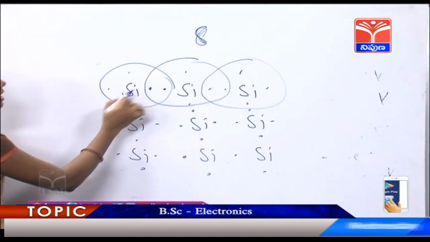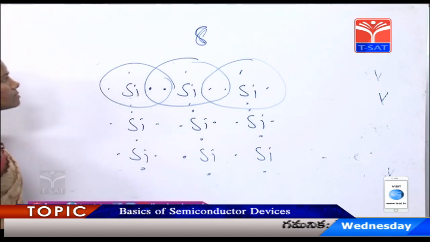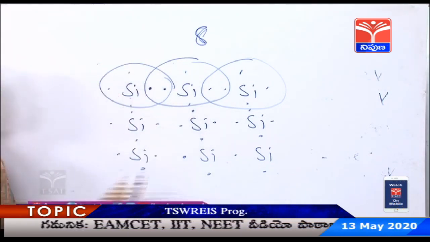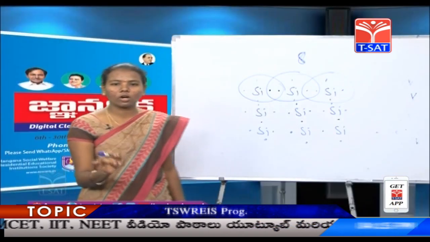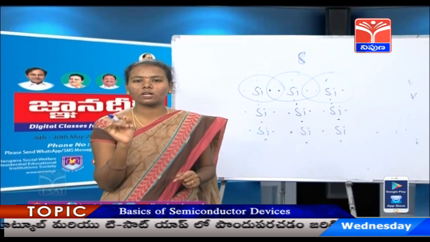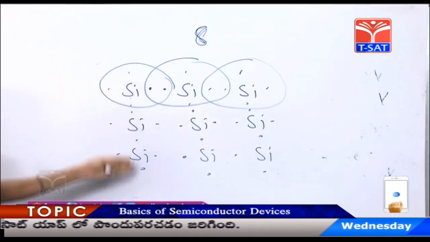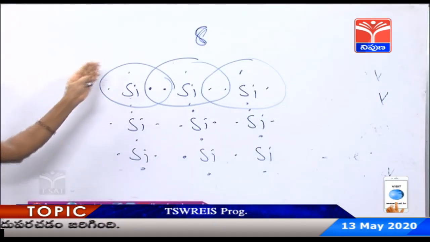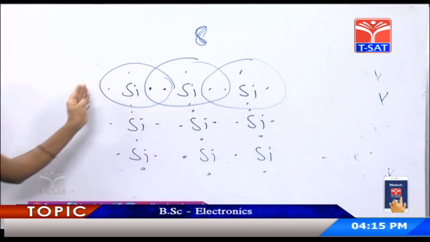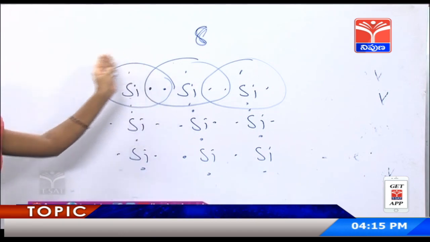So each atom will share electrons with the adjacent atoms, form 8 electrons and be stable. The pure solid state silicon crystal will be like this, sharing valence electrons with adjacent silicon atoms to form a stable structure.